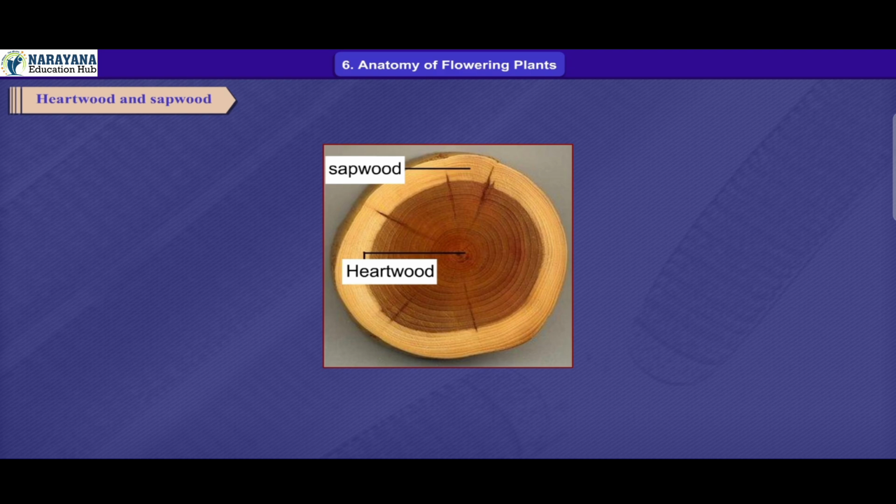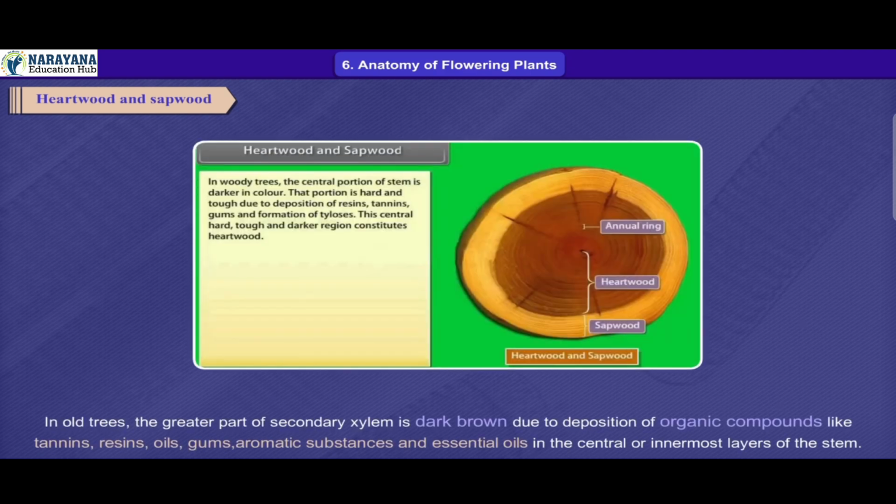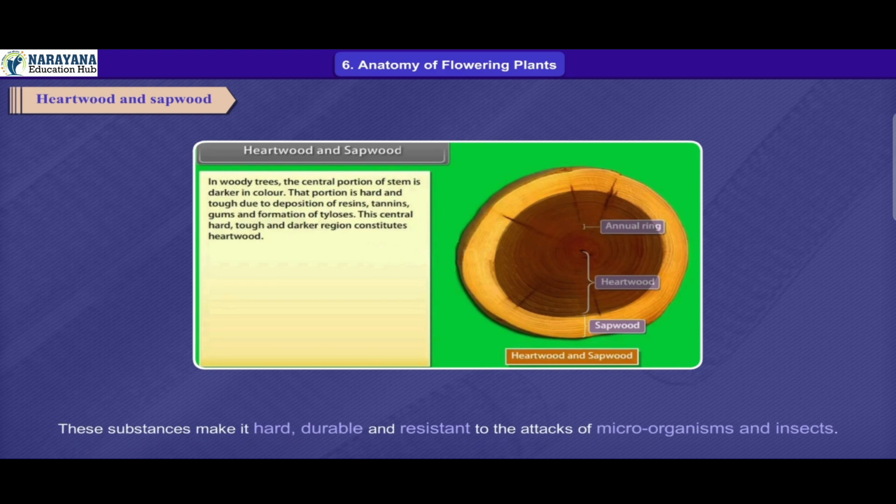Heartwood and sapwood. In old trees, the greater part of secondary xylem is dark brown due to deposition of organic compounds like tannins, resins, oils, gums, aromatic substances, and essential oils in the central or innermost layers of the stem.